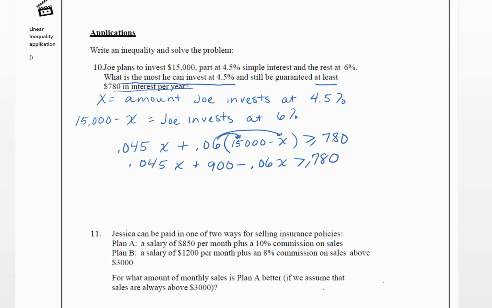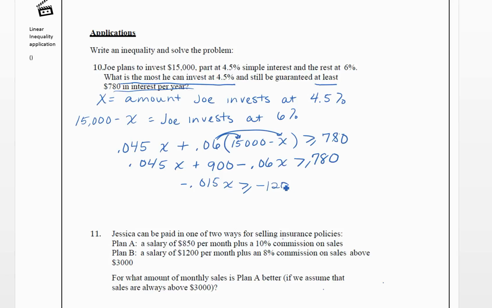Okay, now I'll combine my like terms, so we have 0.045x minus 0.06x, so we get negative 0.015x. And we're going to want to subtract 900 from both sides. So if we subtract 900 from both sides, 780 minus 900 is negative 120.